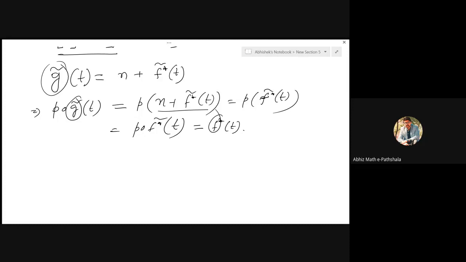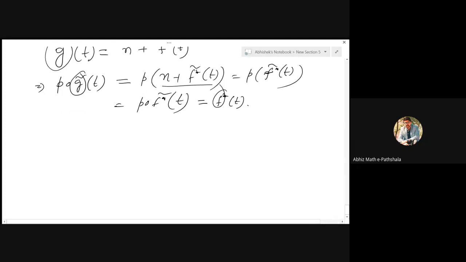Okay, and using this G tilde, take the product of f tilde and G tilde. What will that be?